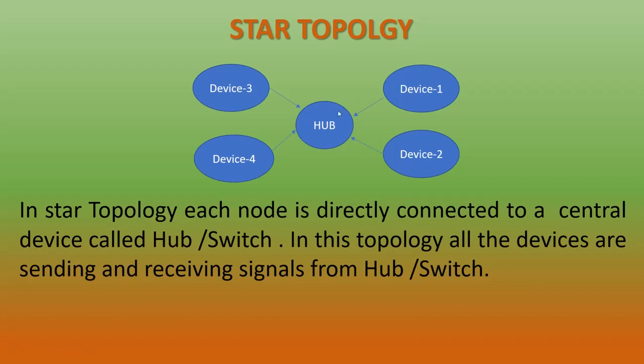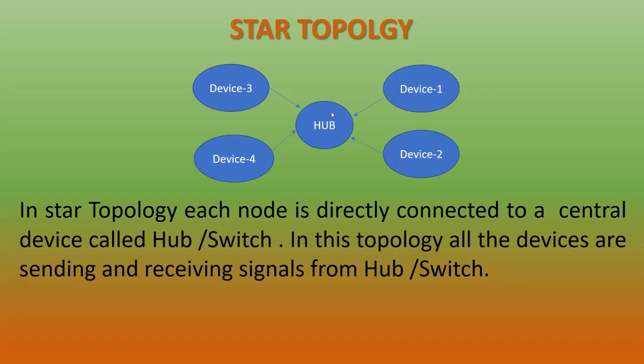Actually, what the hub is doing, it is receiving all the information from the connected devices. And after that, the received information is transmitted to all other devices connected in that network. So, the function of the hub is that it receives the message or signals, and the received signal will be retransmitted to all other devices connected in the network.